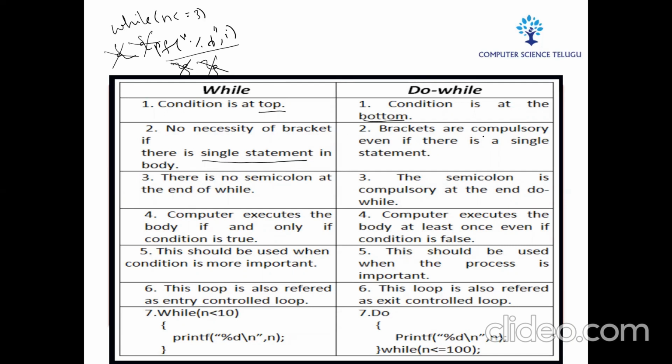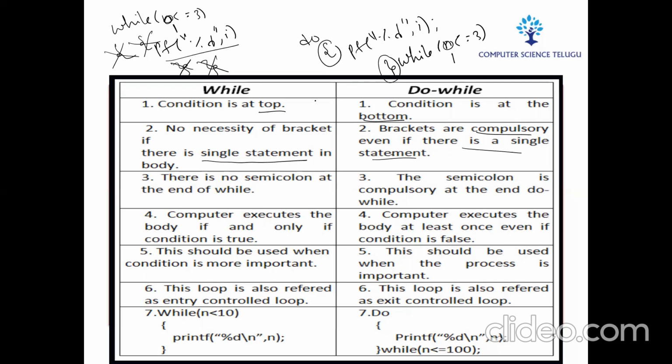But brackets are compulsory for a single statement in do while. Suppose you want to write the same program in do while: do, printf("%d", i), close, while i less than or equal to 3. So it is mandatory to write the brackets even for a single statement in do while.